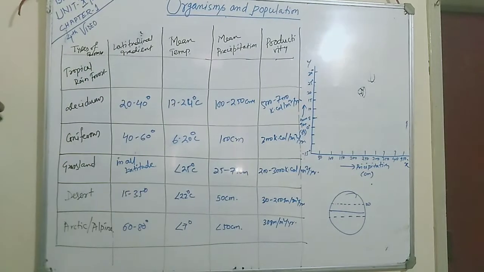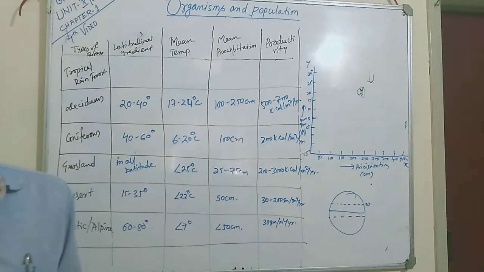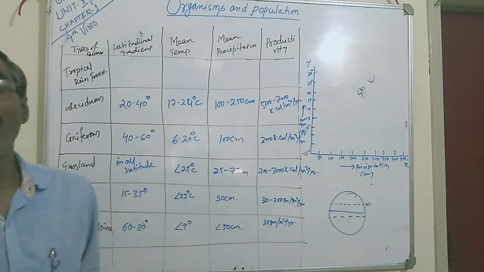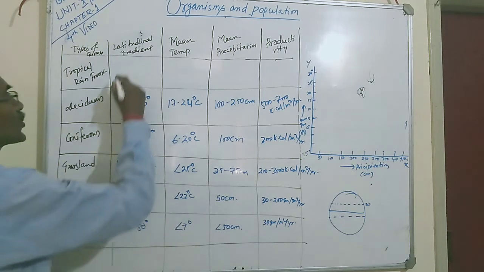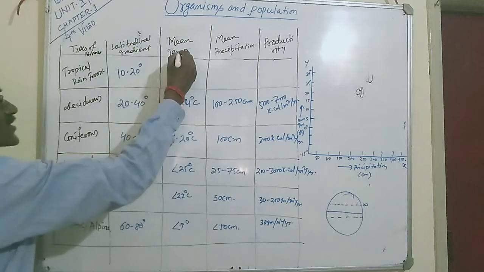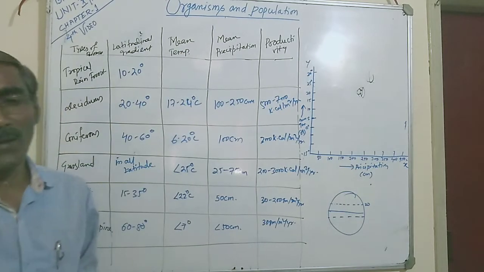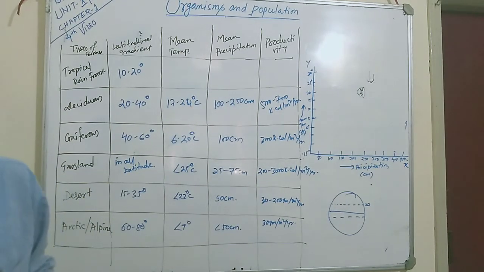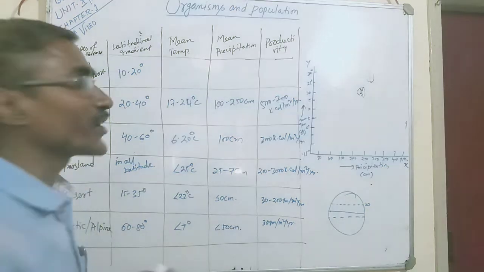Now the tropical rainforest, you already know, is near to the equator, and the tilting is 10 to 20 degree. Mean temperature is maximum, greater than 24 degree centigrade.